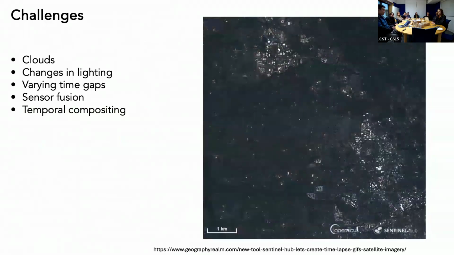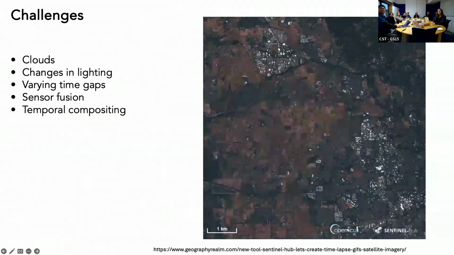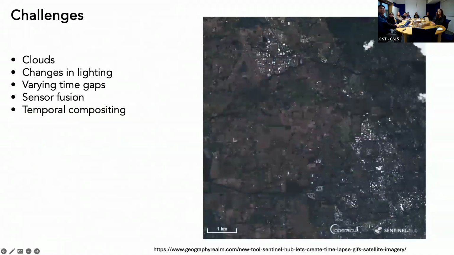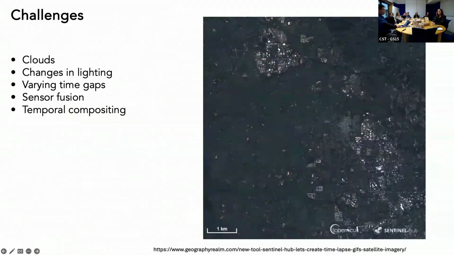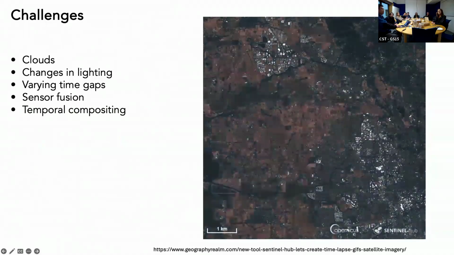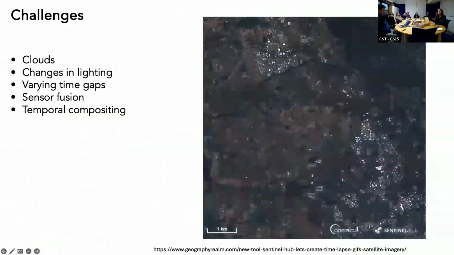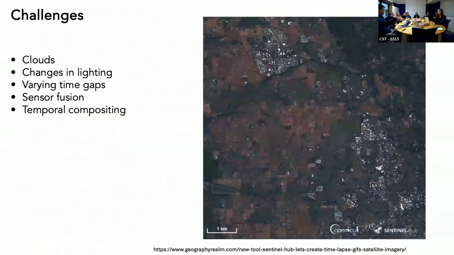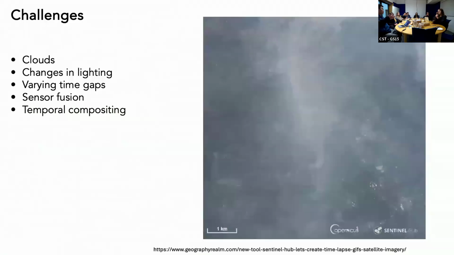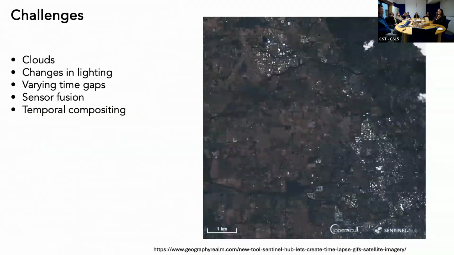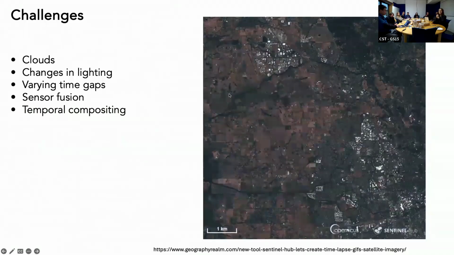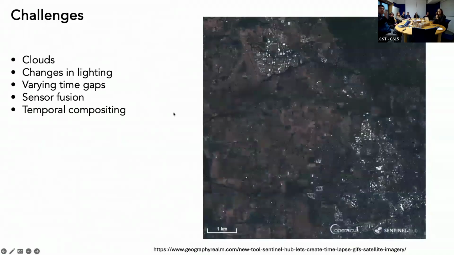The other thing is, if you take a look at the time steps here, you can see we have varying time gaps. Sometimes we have observations every week, while sometimes every 2 weeks. And if the observation is cloud corrupted, then probably the next valid time step will be maybe next month. So we have this varying time. These are the challenges.